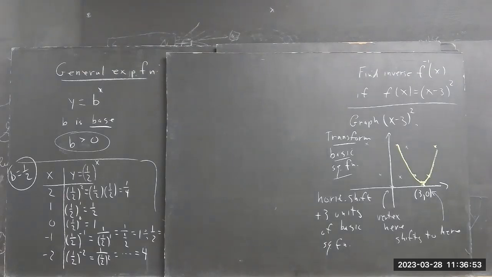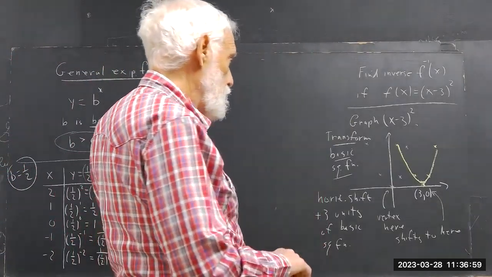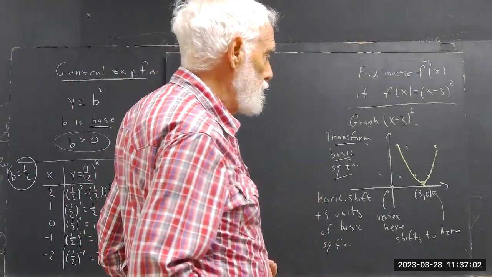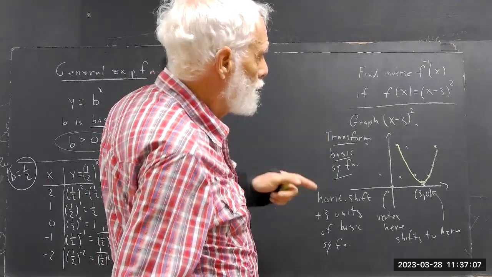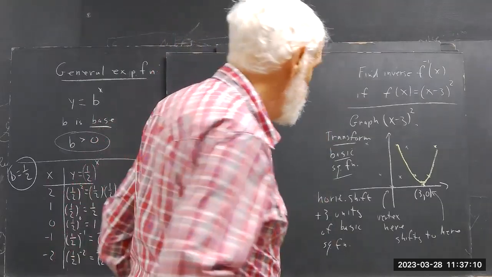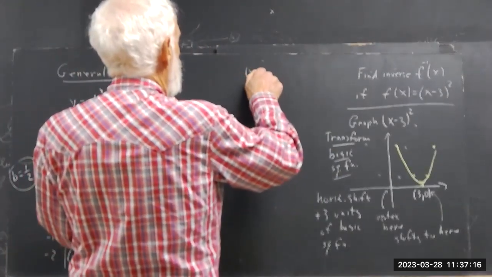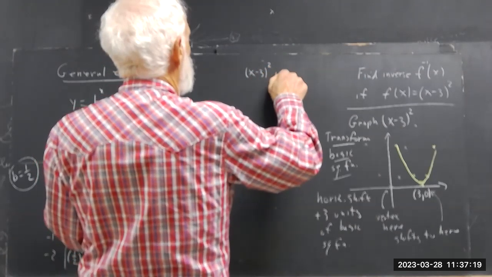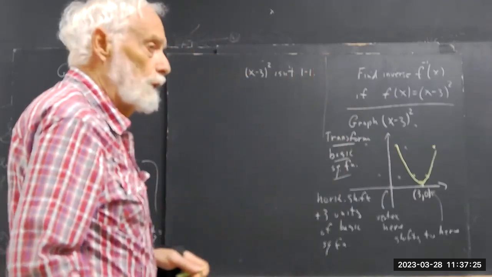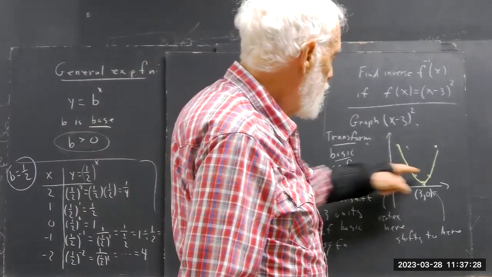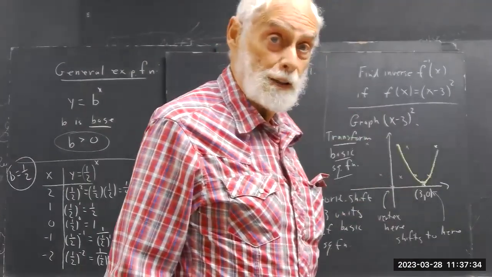Well, we know what we did about 6 weeks ago about inverse functions: we can only do the inverse of a one-to-one function. This function isn't one-to-one. There are y values that are associated with two different x values. It doesn't pass the horizontal line test.